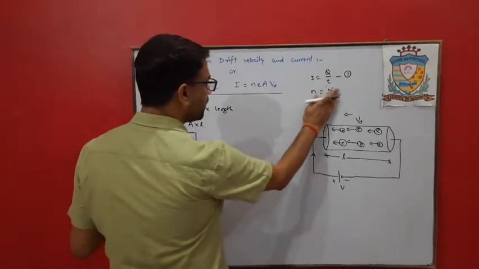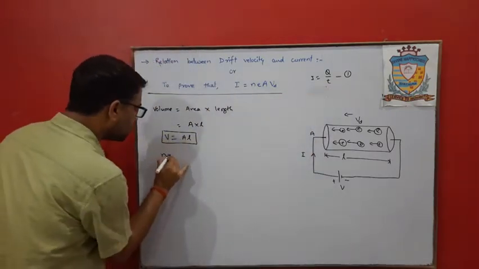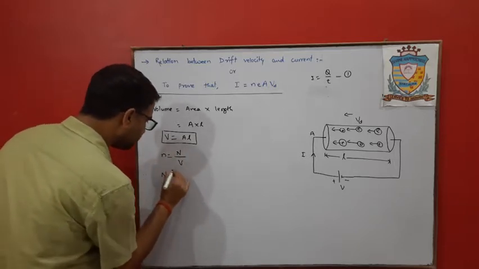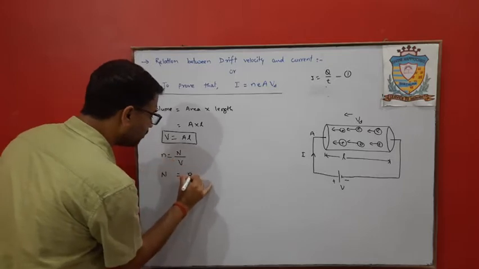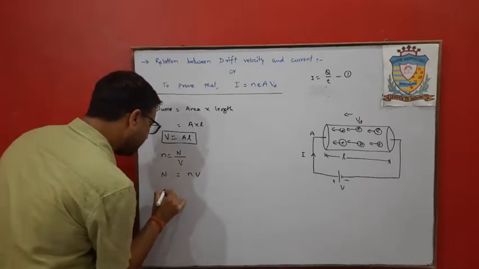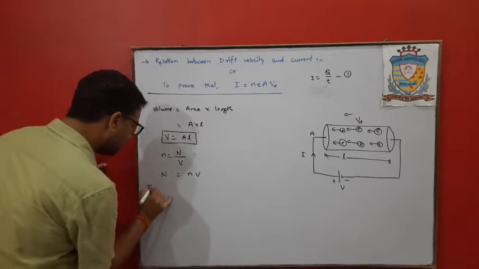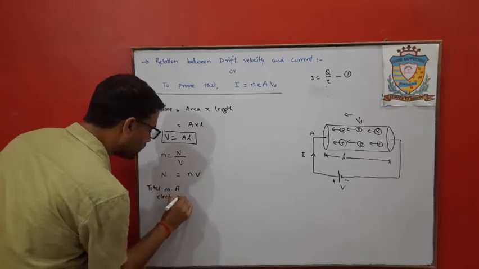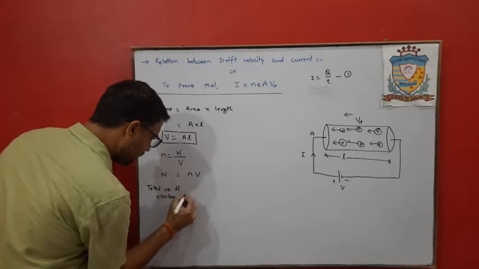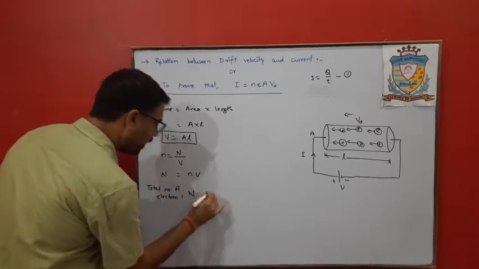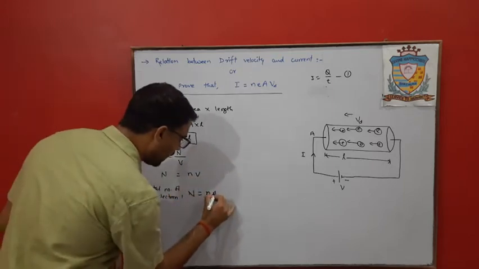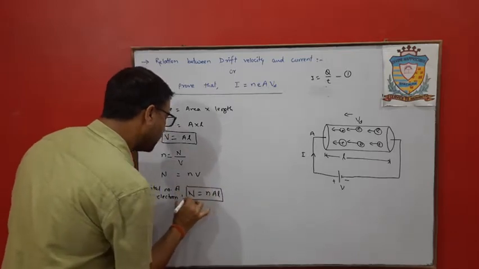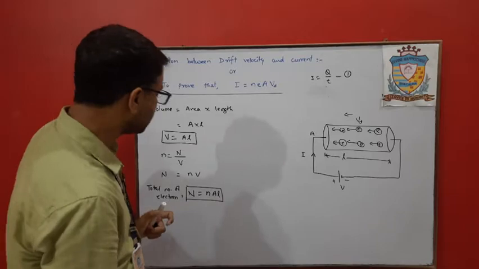Clear? So from this equation, n is equal to capital N upon V. This N, that is the total number of electrons, is equal to number density, that is small n, into V. This V can also be written as A into L. So capital N is equal to small n into A into L, where A is the area of cross section, L is the length.